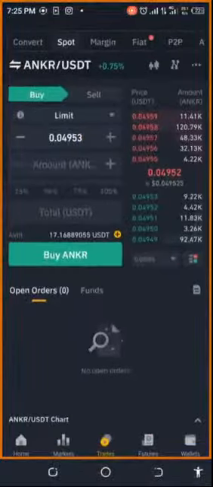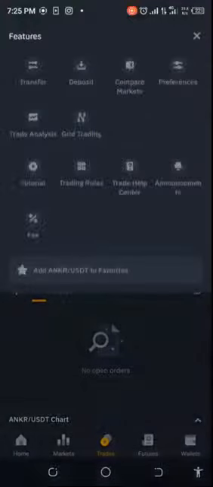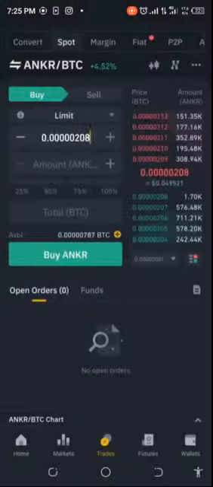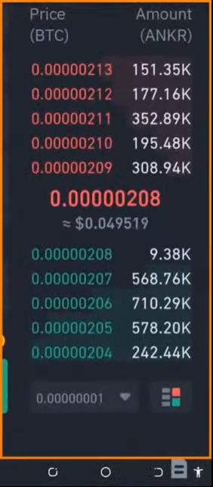Yes, it may not be as fast as BTC USDT, but it's moving, which shows that people are buying and selling. If you check the BTC leg also, you will see that it's also the same. There's velocity in both. It's not as fast as the USDT leg, but it's moving gradually, as you can see.